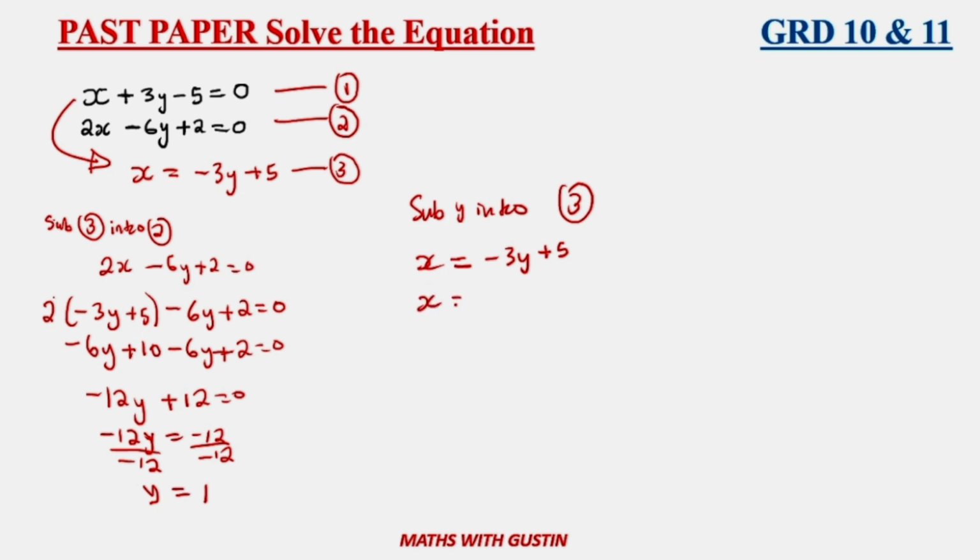Therefore, we're going to say x is equal to negative 3, we substitute 1 there, plus 5. x is equal to negative 3 times 1, which is going to give us negative 3 plus 5. Therefore, x is equal to 2. Therefore, when y is equal to 1, x will be equal to 2.